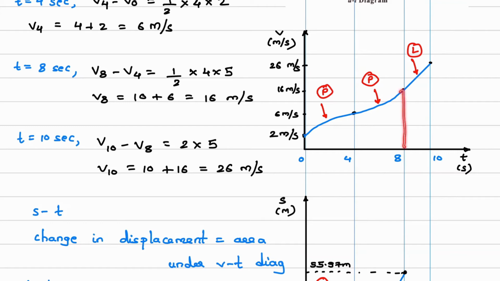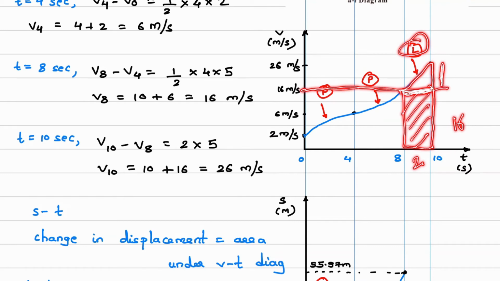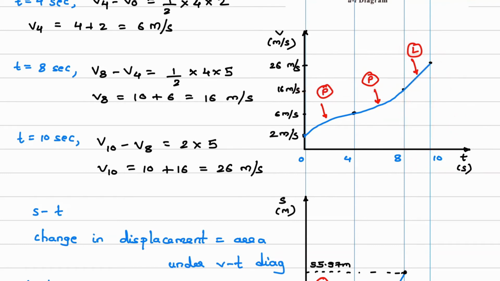So this is the area which we have to consider. What is this area? Half into height 10 and base width 2. And what about this rectangle? 2 into 16, right? This height is 16. I'll show this again. This area we have to consider.